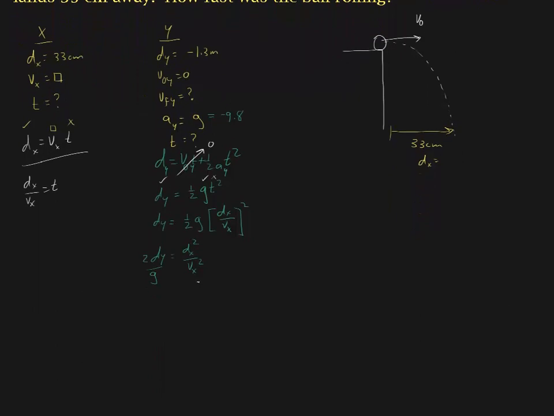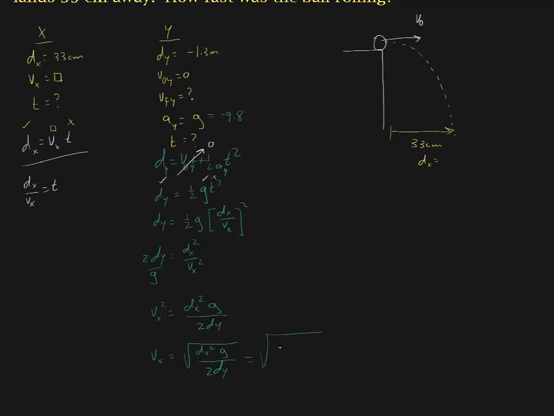So solving this for vx squared, we're going to get vx squared is equal to dx squared times g divided by 2 dy. And so finally vx is equal to the square root of dx squared times g over 2 dy. Now let's substitute our values in.